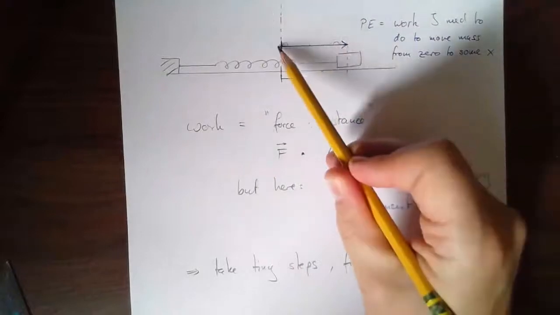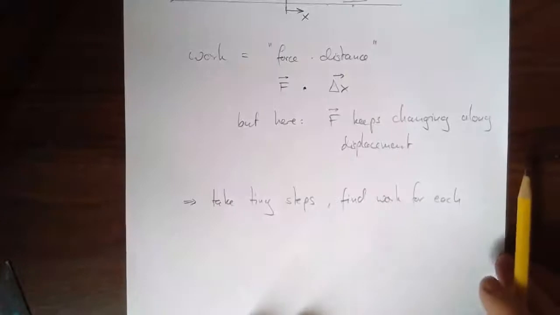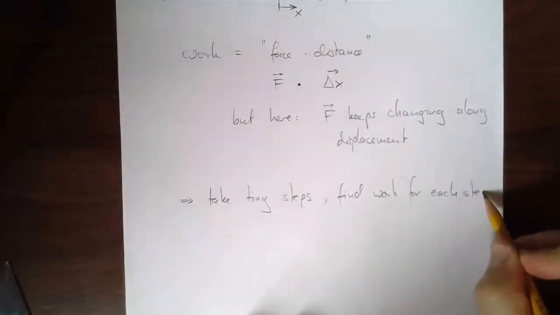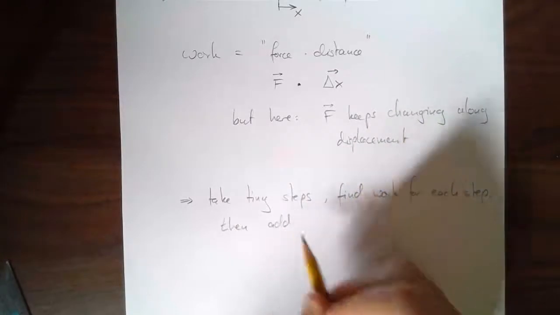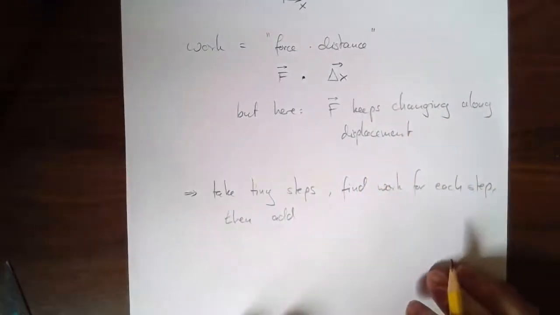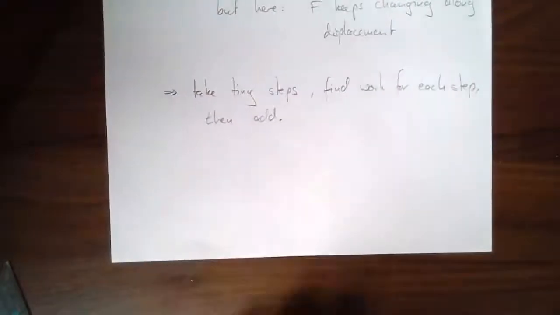Here I'm going to do more work than here, because I've got to push harder when the spring is already stretched. So find the work for each step, then add. Okay, so let's do that.